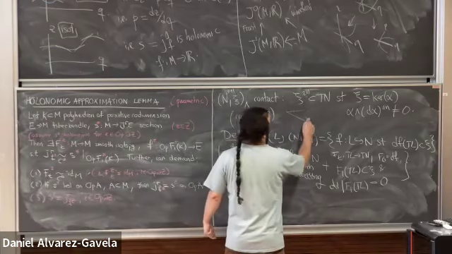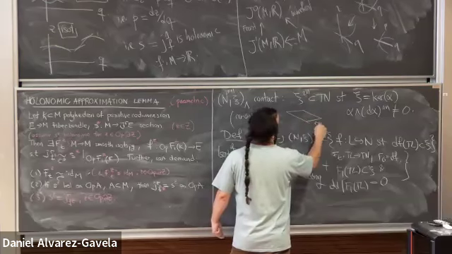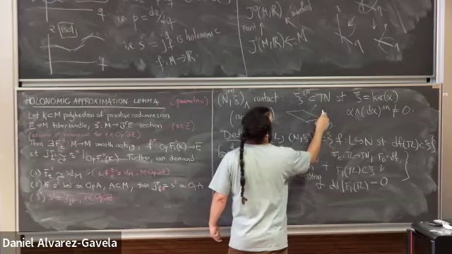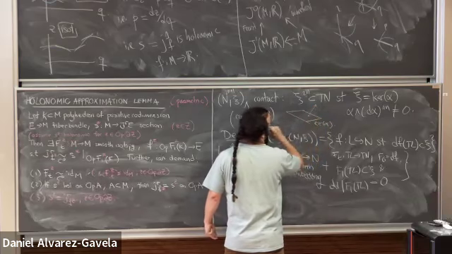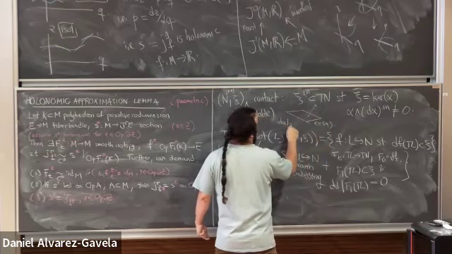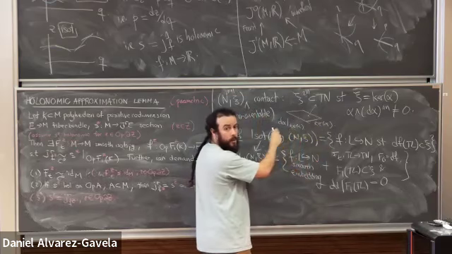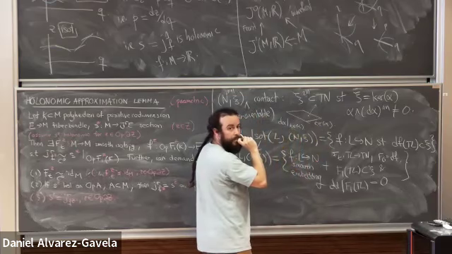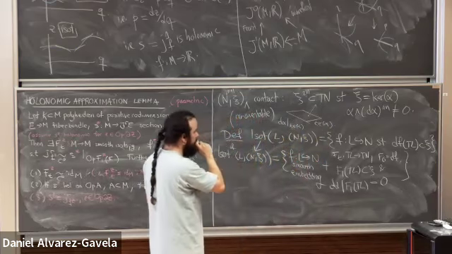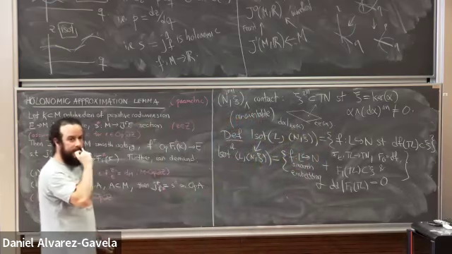So there's the kernel of alpha, where alpha is not 0, and then d alpha restricted to the kernel of alpha is a symplectic form. Oh yeah, okay, thanks. So it's like a Lagrangian. Yes, it's a Lagrangian subspace. Thanks.